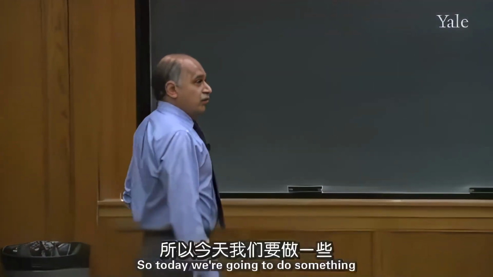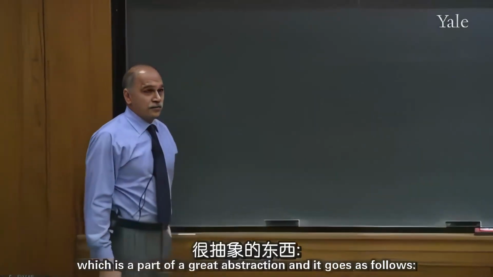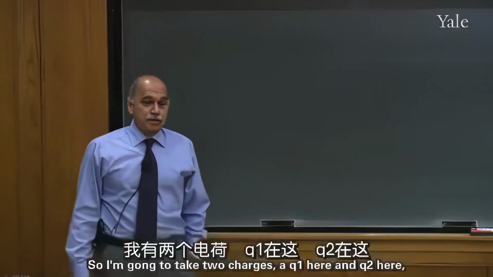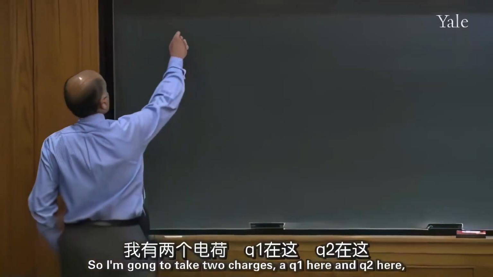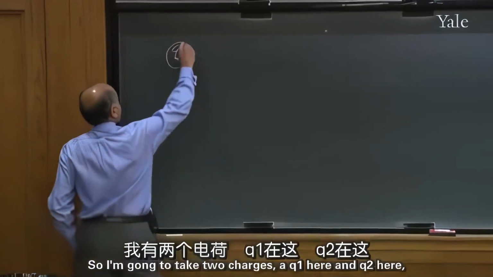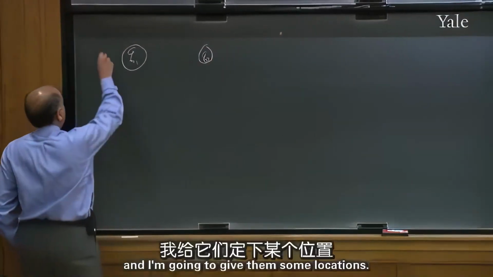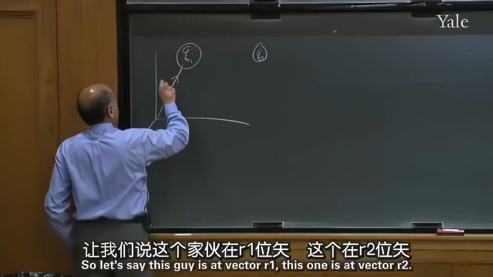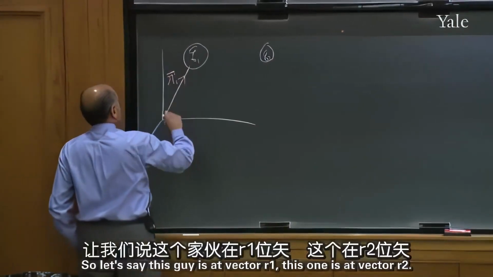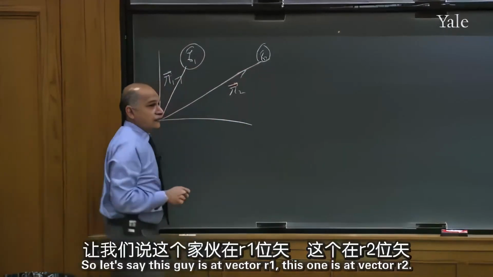So today we're going to do something which is a part of a great abstraction. And it goes as follows. I'm going to take two charges, Q1 here and Q2 here, and I'm going to give them some locations. So let's say this guy is at vector r1, this one is at vector r2.